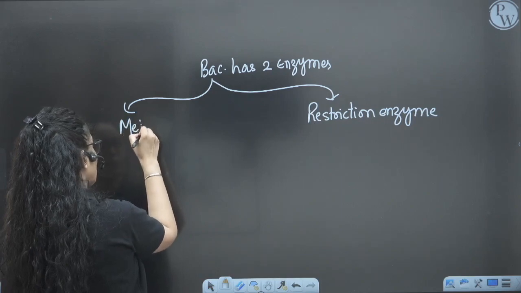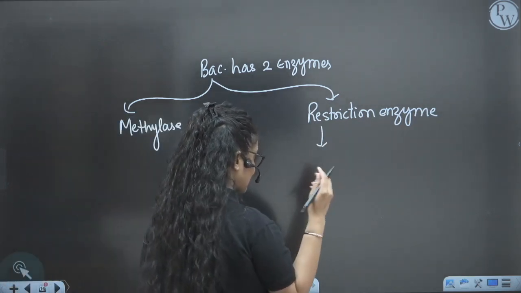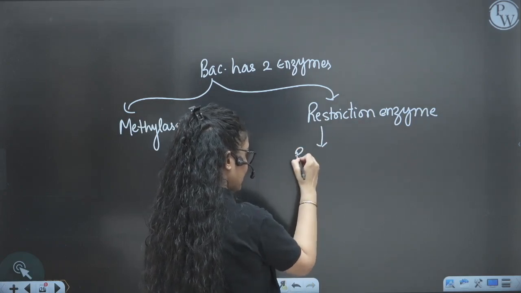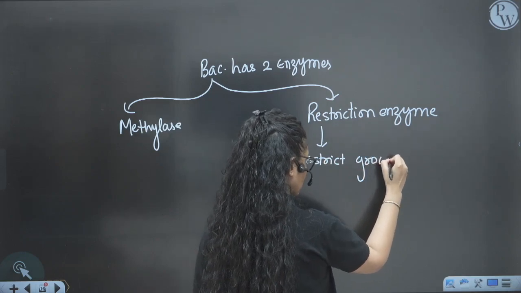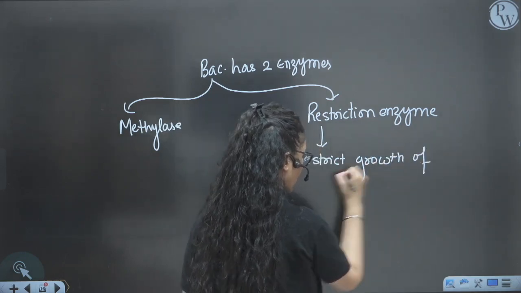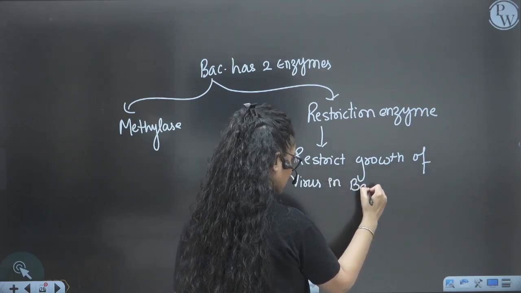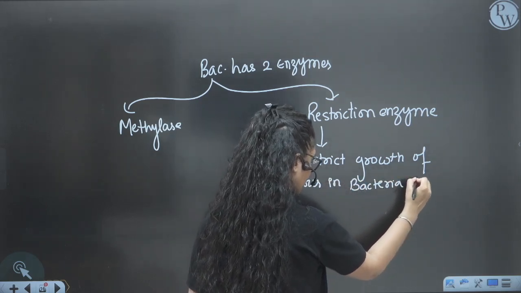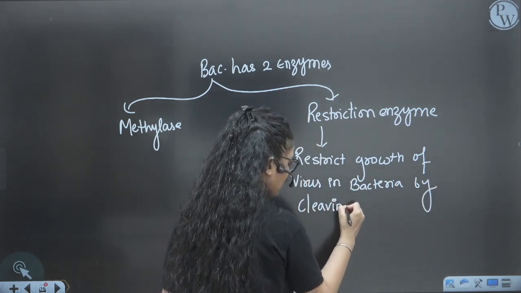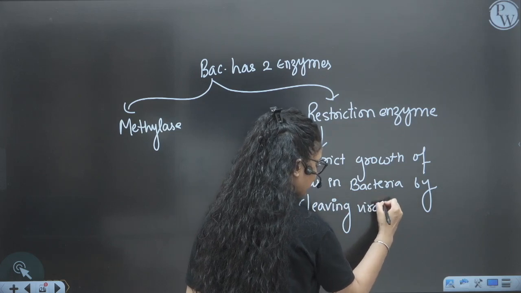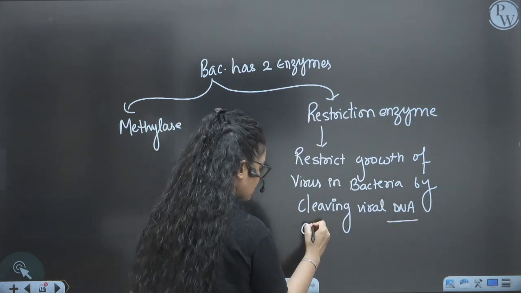So I have told you the purpose of methylase and restriction enzyme. The restriction enzyme cuts the viral DNA, right? It will restrict the growth of the bacteriophage virus in the bacteria by cleaving the viral DNA. So it is just cutting it at the specific site.